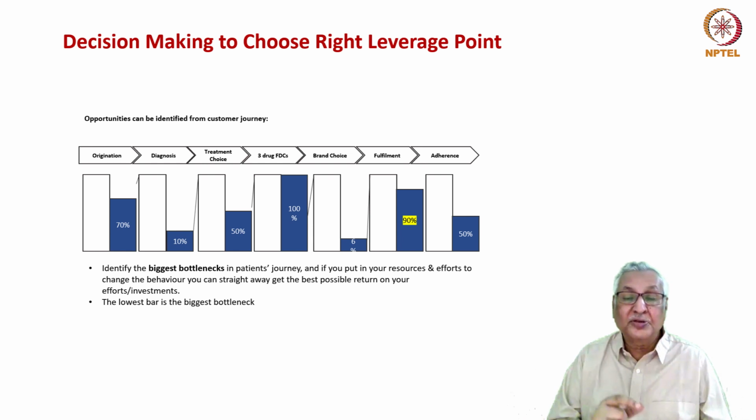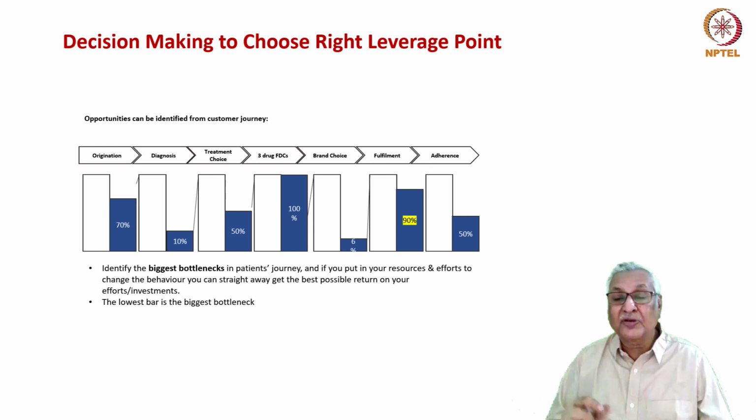You have to put in your resources and efforts so that the behavior can be changed, and the behavior change occurs at the doctor level, at the patient level, and at the chemist level, so that you get the best possible return on your efforts and investments. And the lowest bar, that is making somebody choose the brand, the doctor to write your brand after recall, that is the biggest bottleneck.